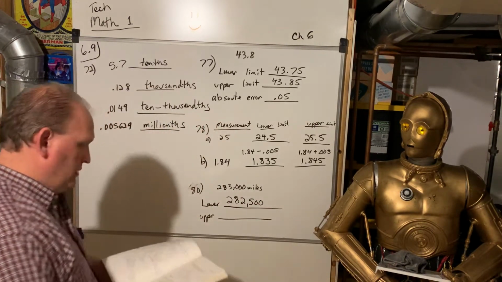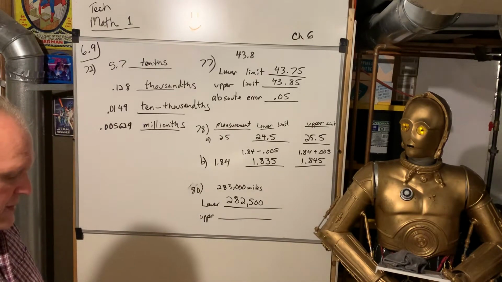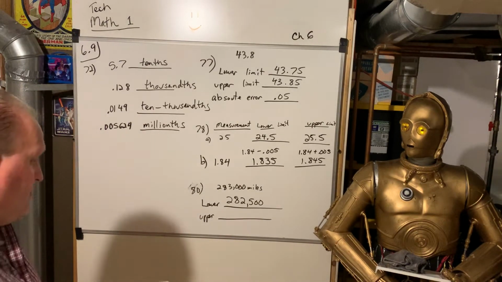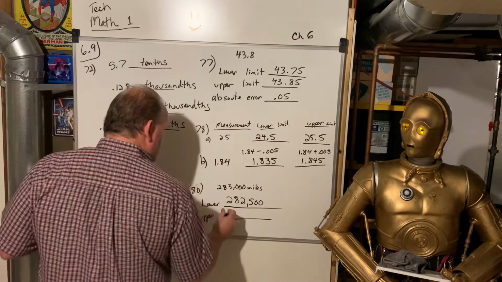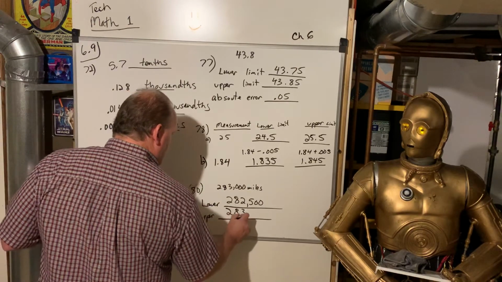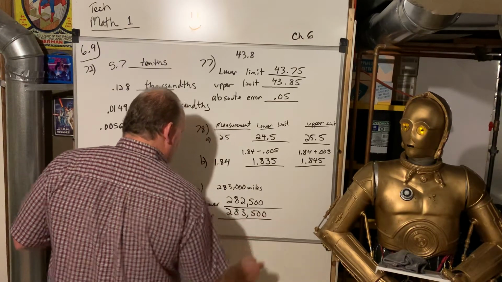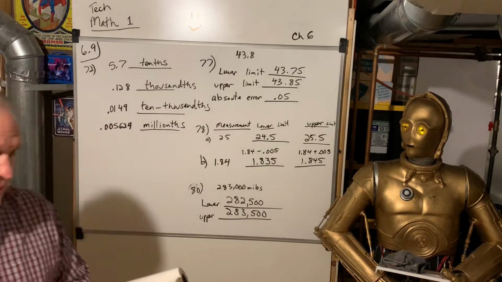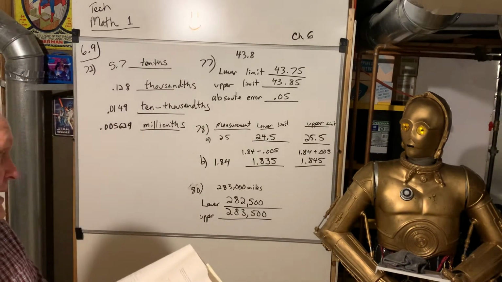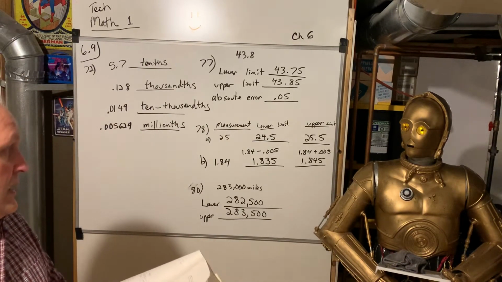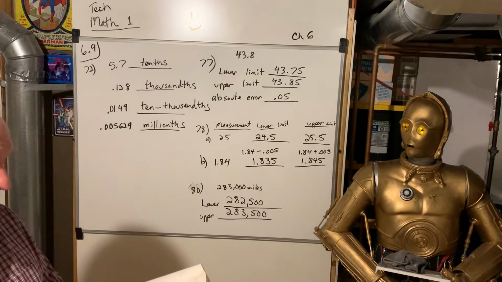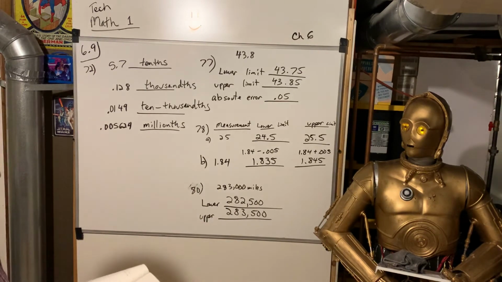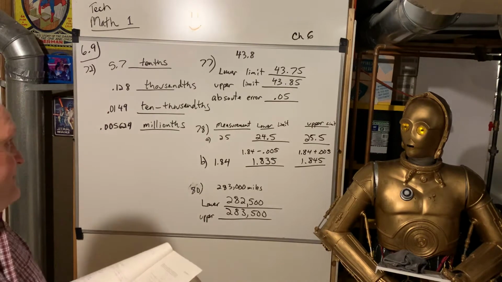For my lower boundary, subtract 500. And then for my upper boundary, add 500. That's a lot easier to do, 283,500. So those are our lower and upper boundaries. And absolute error is just the little bit that you tacked on and took off.